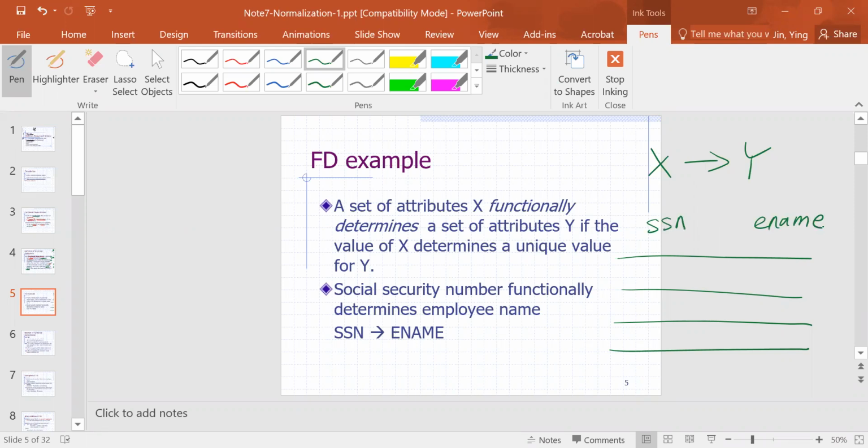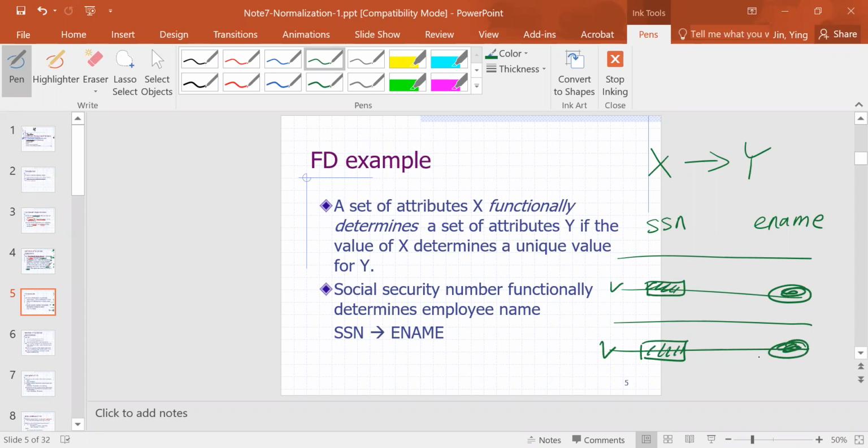And I'm going to select a state. It doesn't matter which state, or what time you take the state. And I'm going to select any two tuples, and it doesn't matter which ones you select. When you select two tuples, if we see the same social security number, we definitely know they have exactly the same ename.